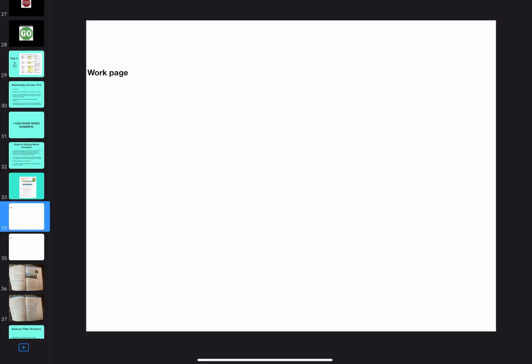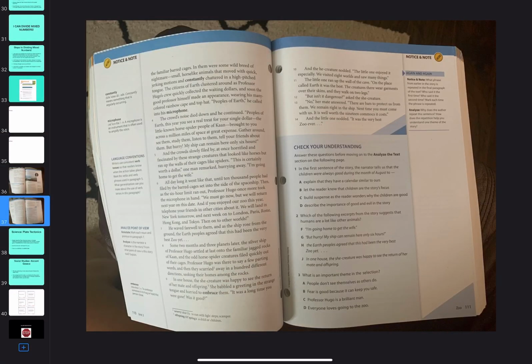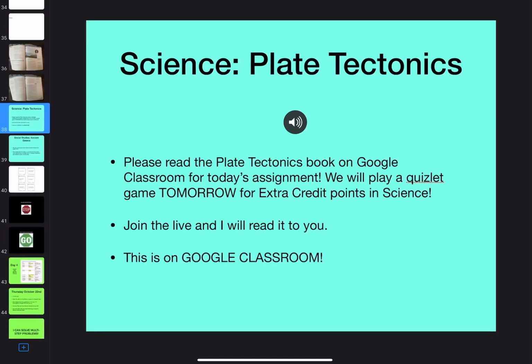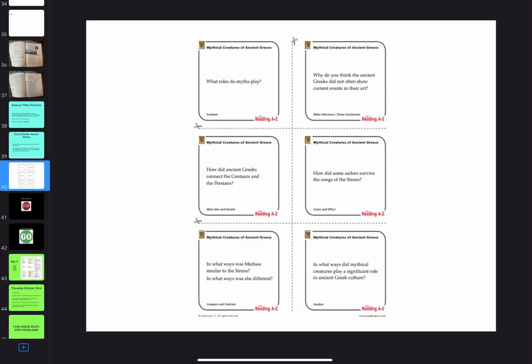And then some work pages just for you to use, and then our textbook for ELA. Science, you are going to read the plate tectonics book. That is today's assignment. And then tomorrow we're going to play the Quizlet game. Ancient Greece is discussion card questions, and here are the discussion cards. We are going to do this together in our live, so if you join our live, this assignment is like a free 100% if you follow along.